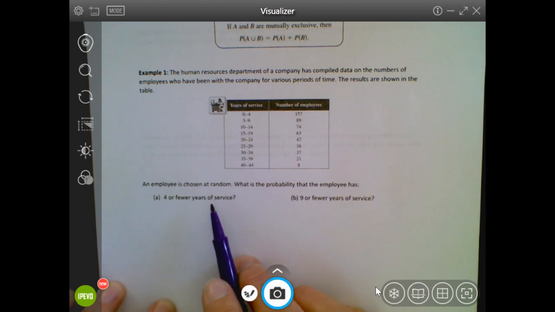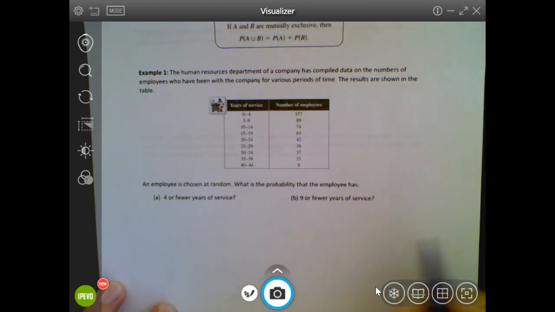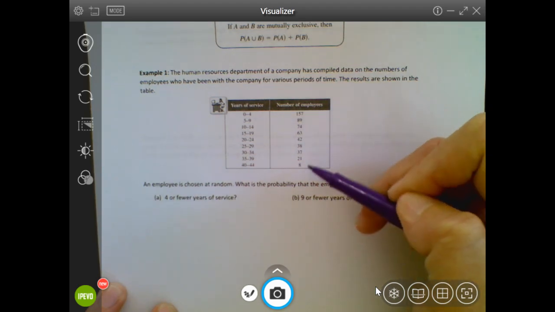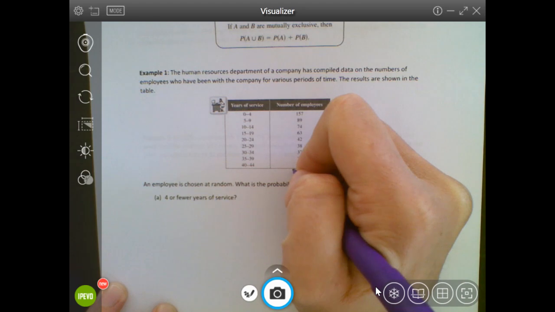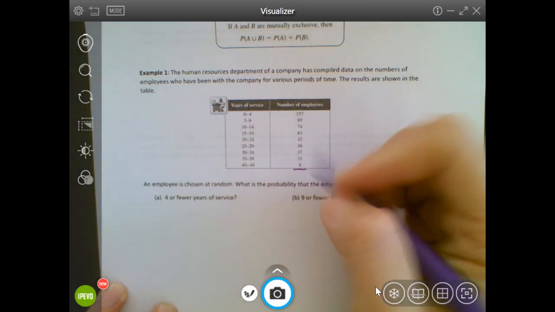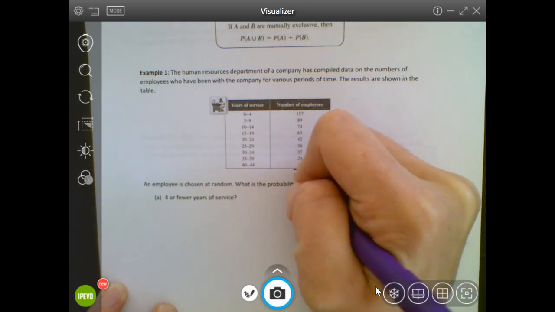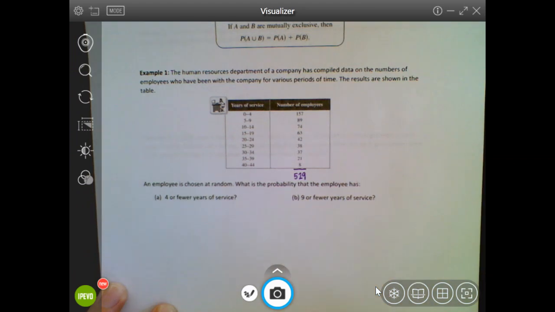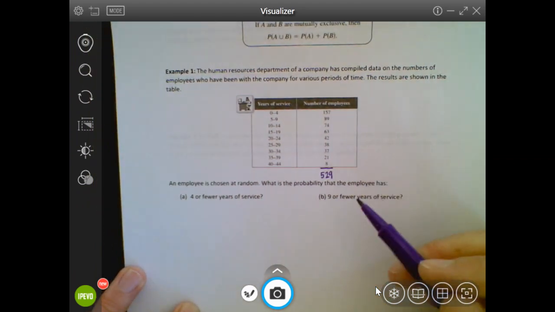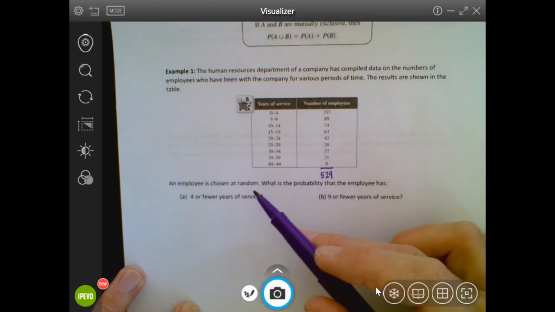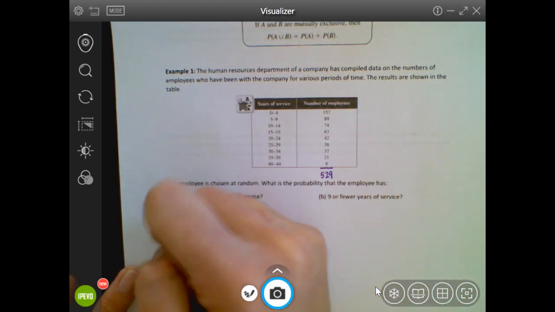So the first thing that we need to figure out is, what is our total sample space? If I add up all of these numbers, the 157, 89, 74, et cetera, we would have a total number of employees of 529, which is representing our entire sample space. So the probability that from this list we were to choose an employee with 4 or fewer years of service is pretty simple.